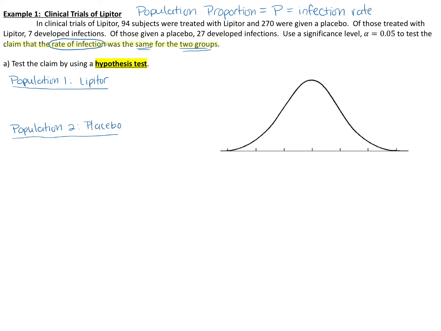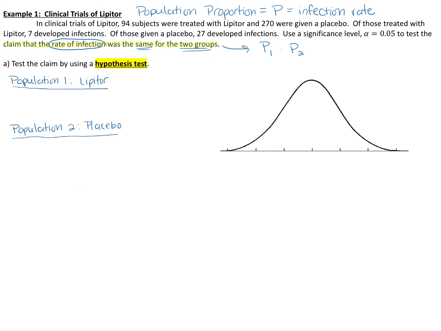An infection rate, we can represent as a percent, or write that percent as a decimal, or we can simply show that rate as a ratio or a fraction. All right, so knowing that we're dealing with a population proportion P, we'll call P1 the infection rate for the Lipitor group at the population level, and we'll call P2 the infection rate for the placebo at the population level.